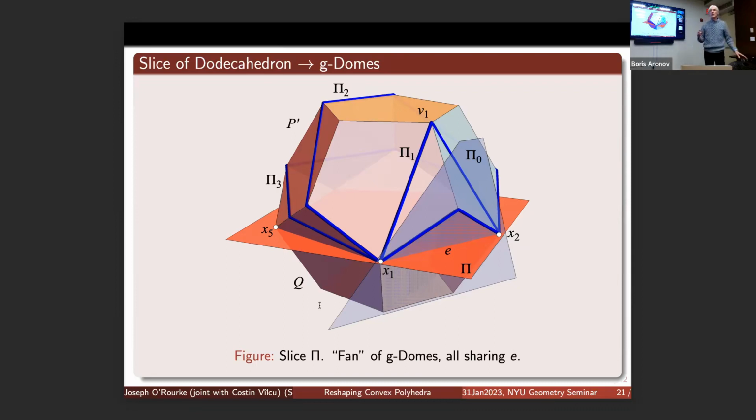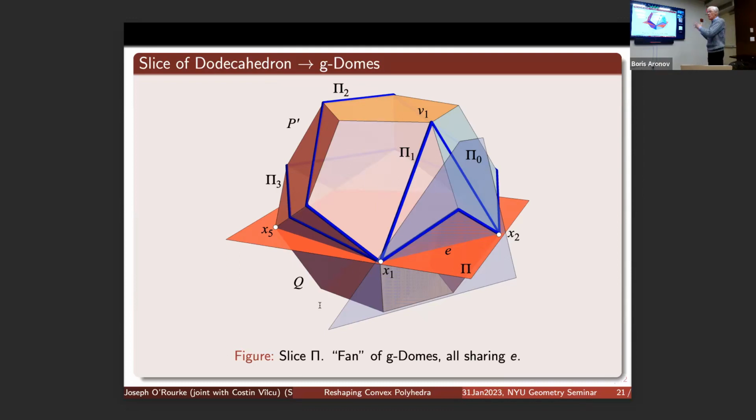So the planes keep on rotating, but the character changes. Yes. And you stop because I want to get these pieces that I know how to handle, the G-domes. Actually, ultimately, I want pyramids, but we couldn't figure out a way to get directly to pyramids. So we have this intermediate step of the G-domes. I have another example.